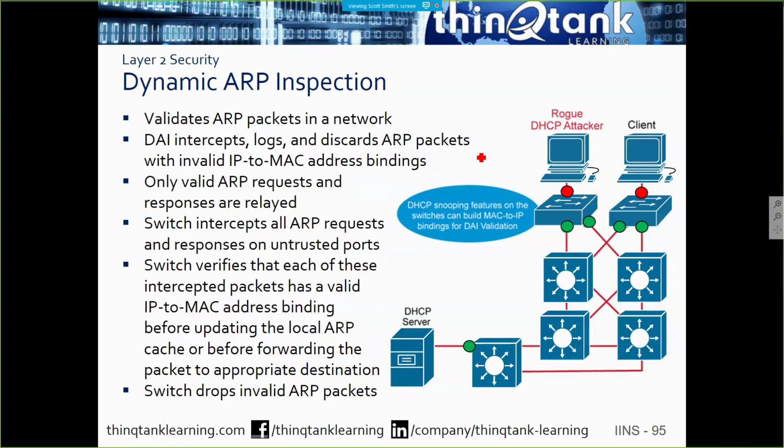So when you enable dynamic ARP inspection on your switches, they're going to intercept all ARP messages, and then they're going to compare those requests to information they have stored. And if the requests or the replies or whatever it might be doesn't match the information I have stored, then I drop the frame.